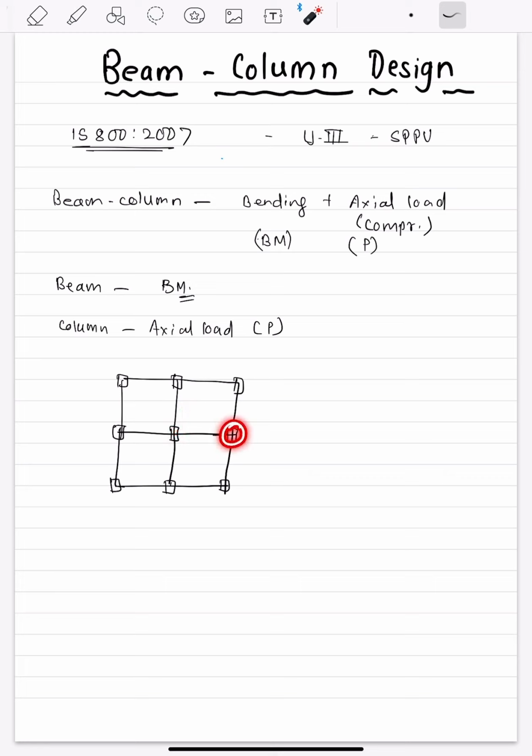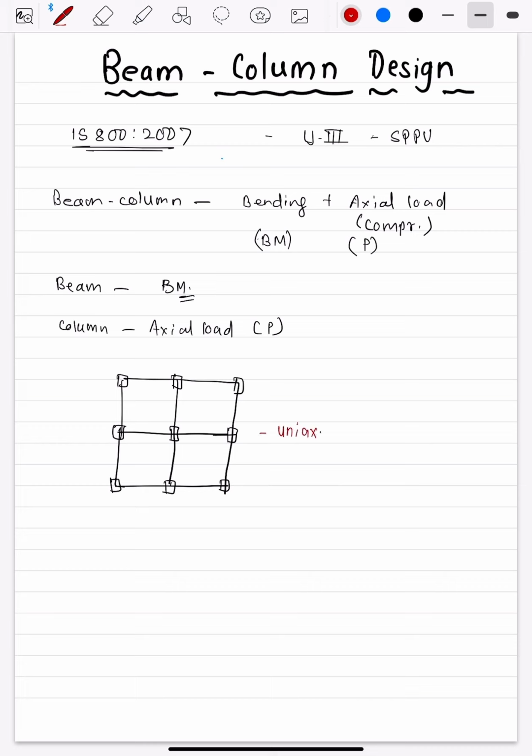But if you see this column, it has bending moment because of this beam and this beam, which are cancelling each other. So no bending moment on this side, but on this axis, there is one bending moment, and there is nothing to counteract it. So it has a bending moment in this direction plus axial load P. This column is for uniaxial bending, but it is a beam column definitely.